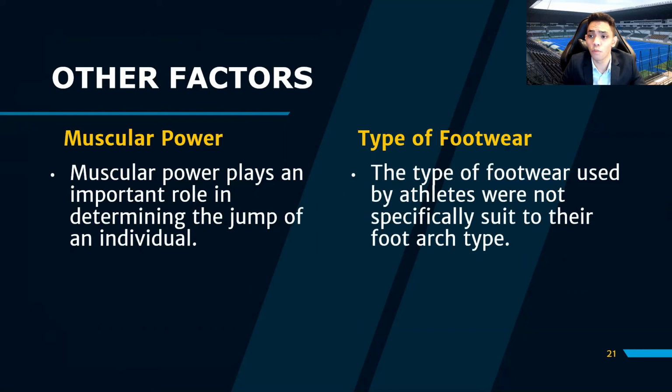So although the subjects' body index, BMI, was in the predetermined range to limit generalizability of the test result, muscular power of athletes, especially their lower limbs, are different from each other.